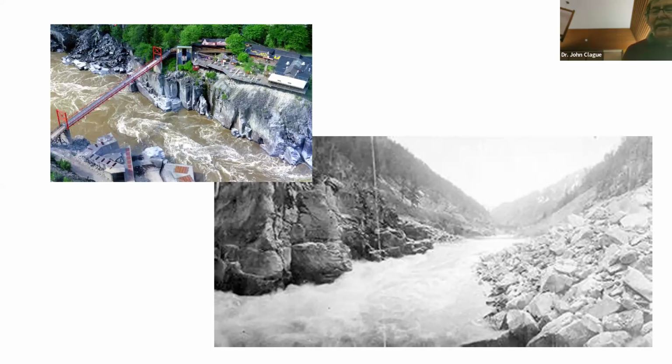And so it had a big impact on the fisheries and was something that did not help indigenous colonial relationships at the time. Because of course, engineers for the CN were responsible for the landslide.